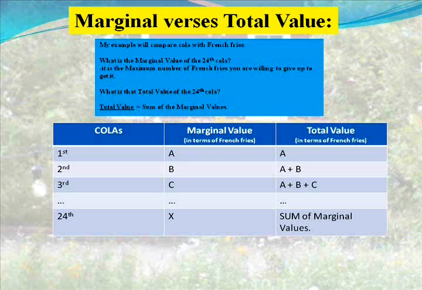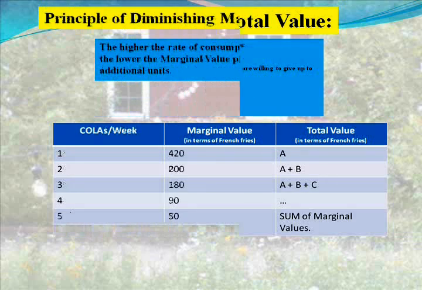The total value for that second cola is A number of French fries plus B number of French fries. On down to where for the 24th cola, the sum of all of these marginal values would be the total value for that 24th cola.